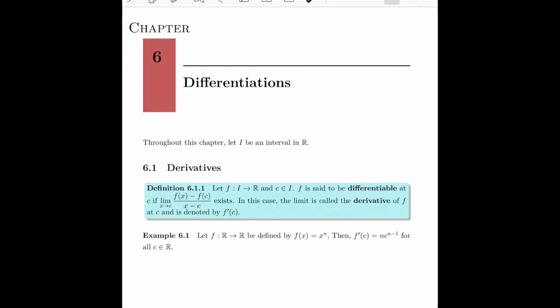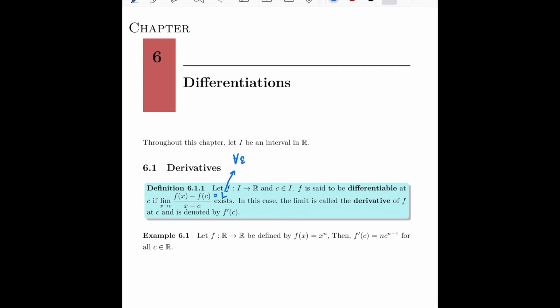In this case this limit is called the derivative of f at c, and it is denoted by f'(c).